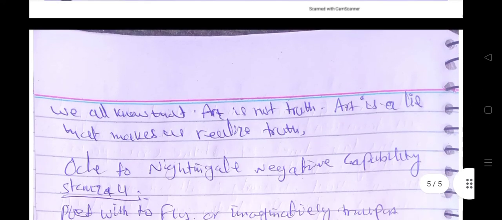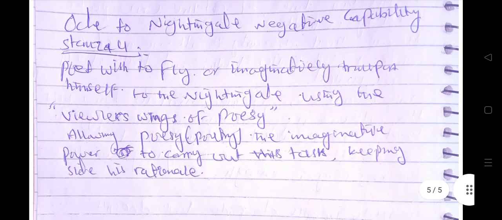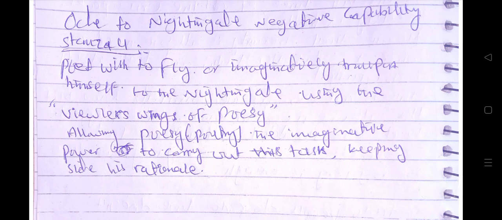And in Ode to a Nightingale, in stanza 4, he writes that the poet wants to escape into the world of the nightingale through his poetry, where he writes of the viewless wings of poesy, far far away. He wants to go with the nightingale using the wings of poesy. According to rationality or logic, it is not possible, but for the sake of art, we have to accept it.